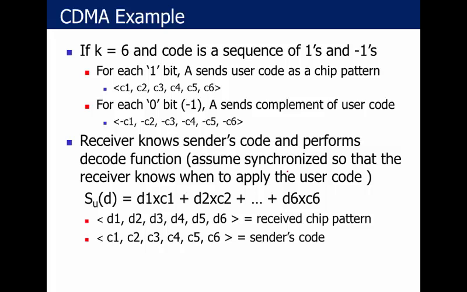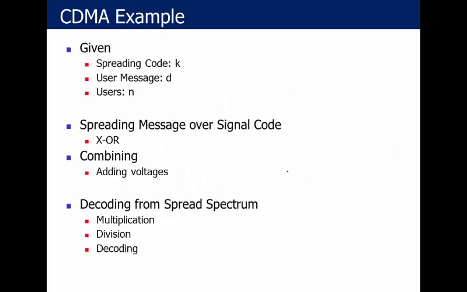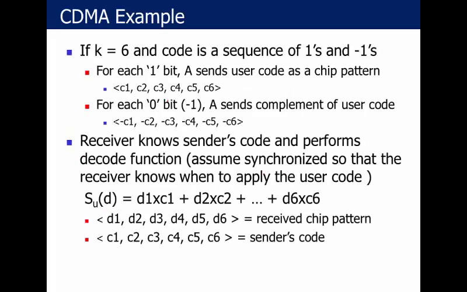So the CDMA example is this. Let's say K is 6, which means we have 6 chips to represent one data bit, zeros and ones. So our chip pattern will be like this: chip 1, chip 2, chip 3, chip 4, chip 5, chip 6.